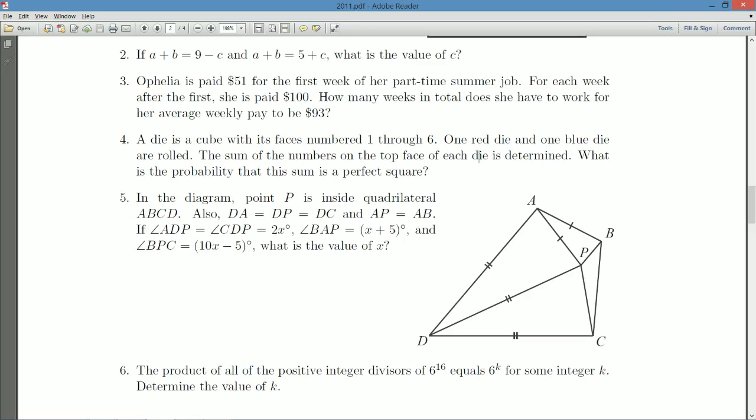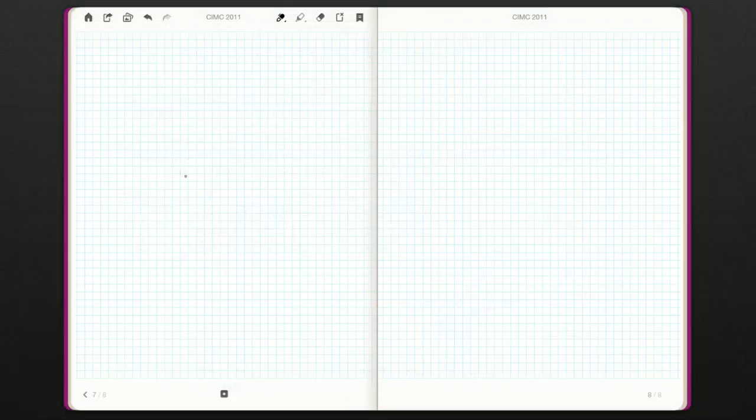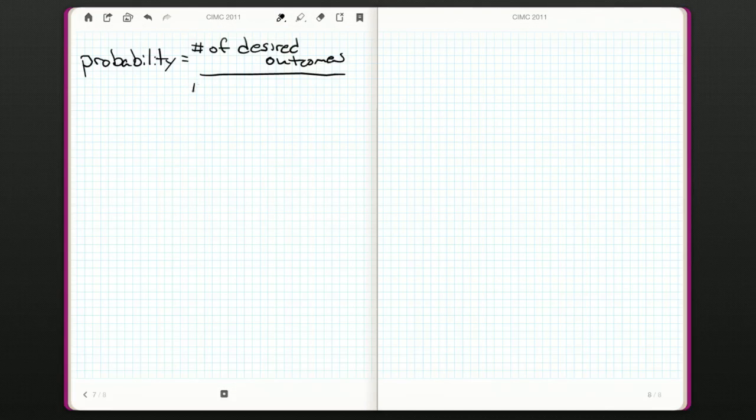So, with any probability calculation, we need to determine 2 things. We need to figure out the number of desired outcomes, and we need to divide that by the total number of possible outcomes.